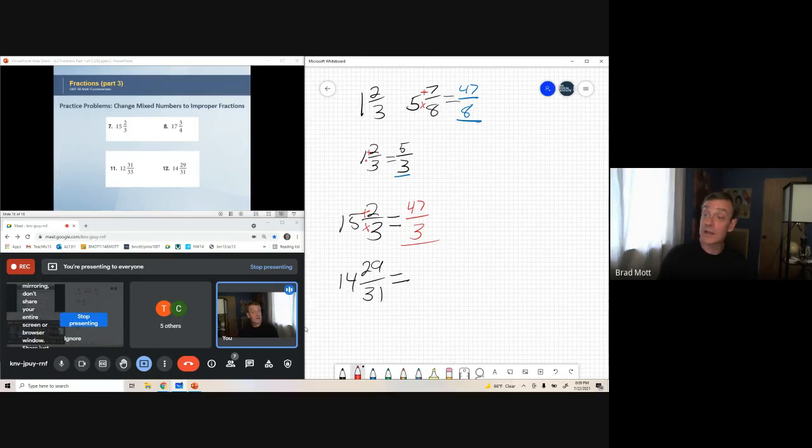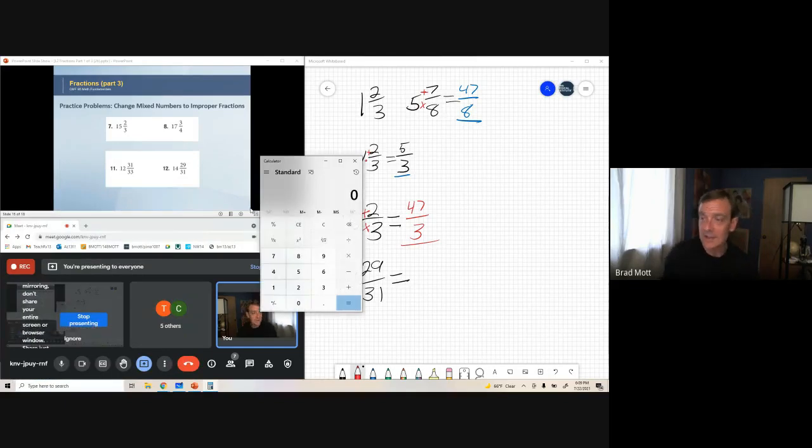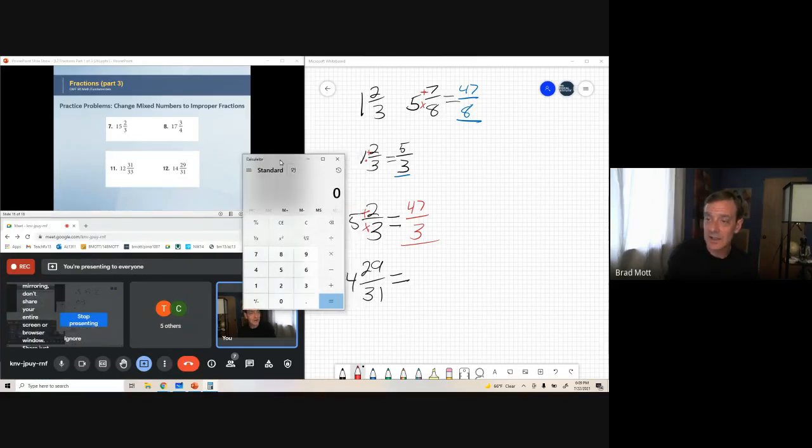And did anyone get number 12 converted? 14 29/31. I'm sorry. Okay, so let's run it. I actually need the calculator for this one, and you all have this handy little calculator built in. Use this with some frequency.